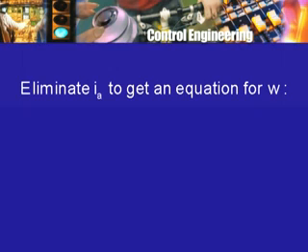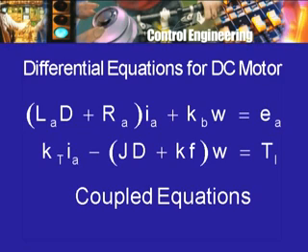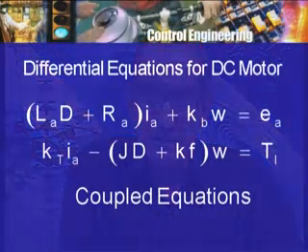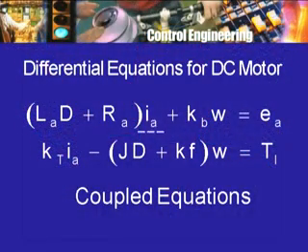So, from these two equations how do I eliminate, let us say, the armature current IA, so that we obtain an equation for omega? Now, what one can do here is very similar to what one does in algebra, and these polynomial differential operators can be operated upon in exactly the same way that you operate upon things in algebra. So, in particular, I want to eliminate armature current, which occurs in these two places.